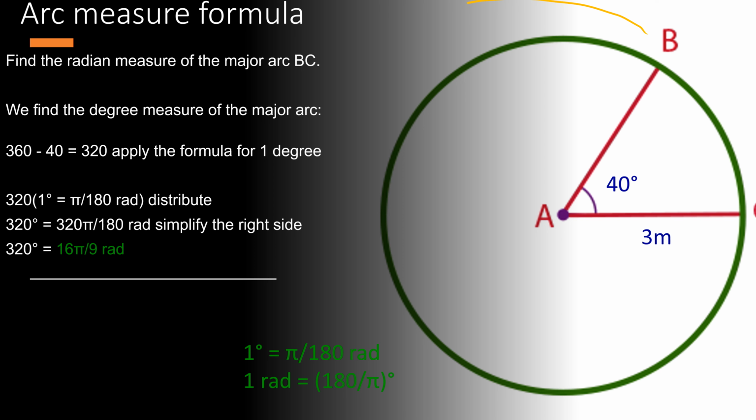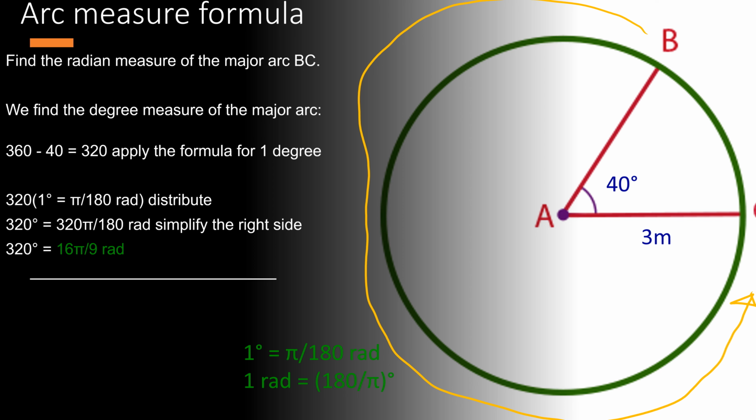So if I take the major arc, and obviously my curve is not very good, I want to find the radian measure of this major arc, because as you've seen before, you could find the degree measure of an arc. So now we want to take the radian measure of an arc.